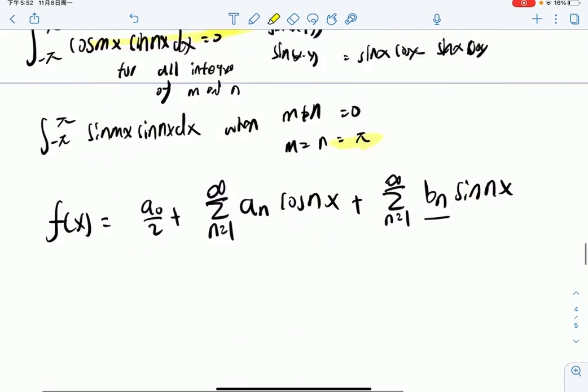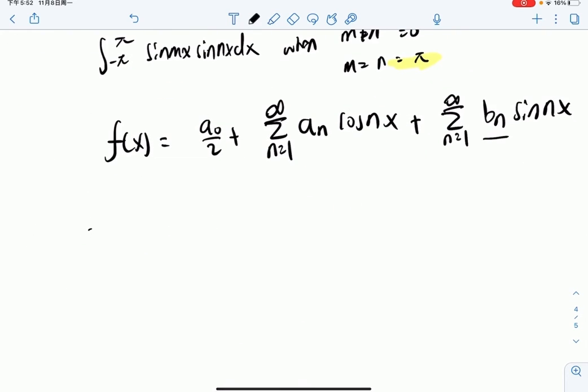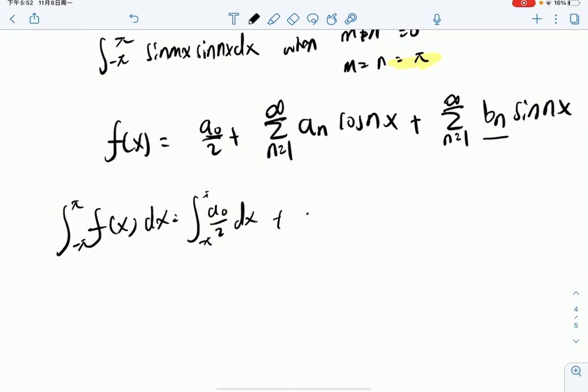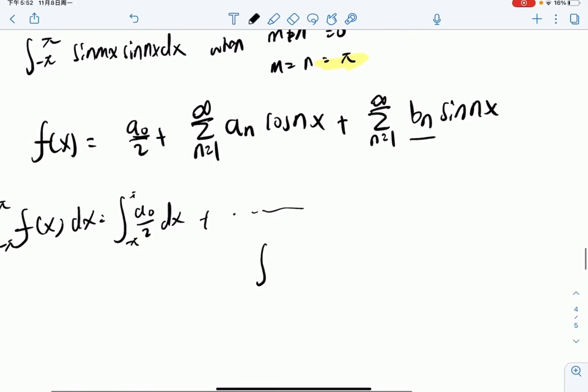So we can see that for the a0, we just take the integral of negative pi to pi of a0/2 dx, plus the rest. And you can see that the integral of cosine nx from negative pi to pi is equal to 0 because the area under the curve is 0. And for this, it's also the same.